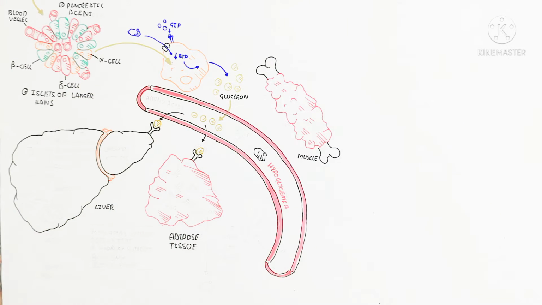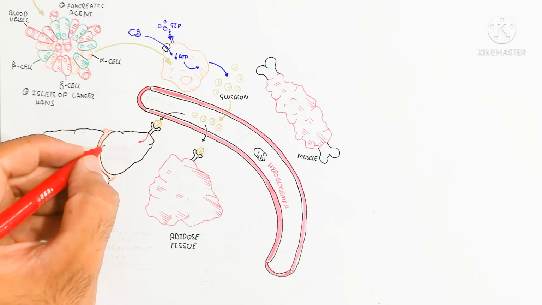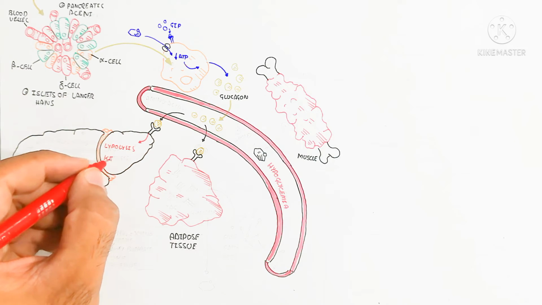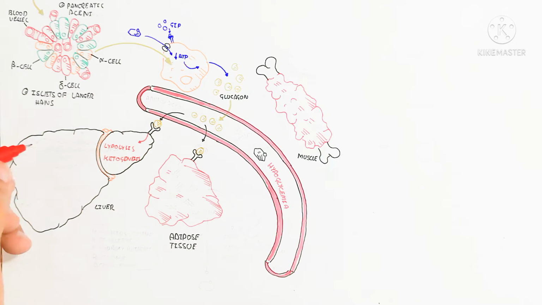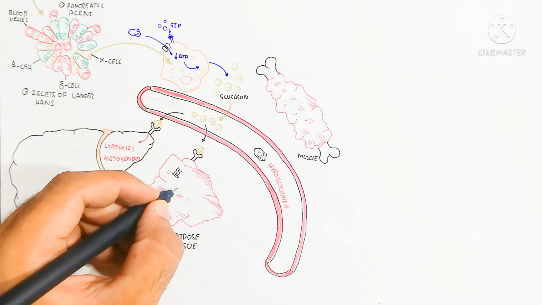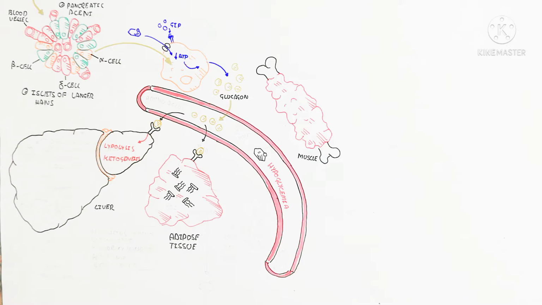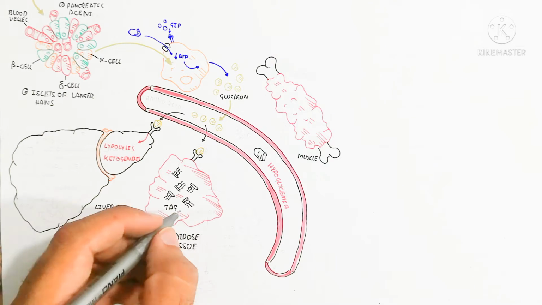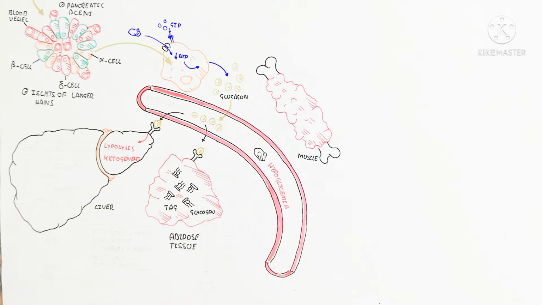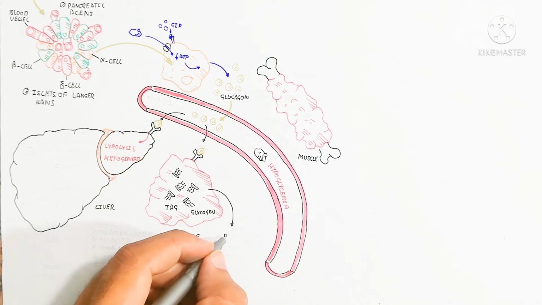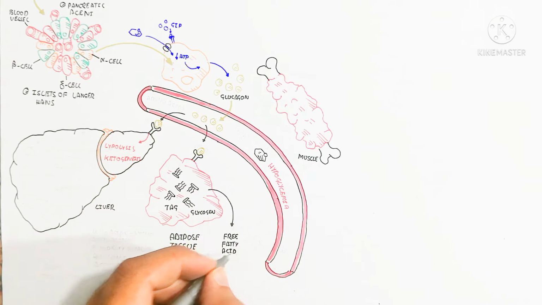Adipose tissue contains adipocytes, while the liver contains hepatocytes, and myocytes are present in the muscle. When glucagon attaches to the glucagon receptor, lipolysis, ketogenesis, gluconeogenesis and glycogenolysis occur, in which glycogen is broken down.